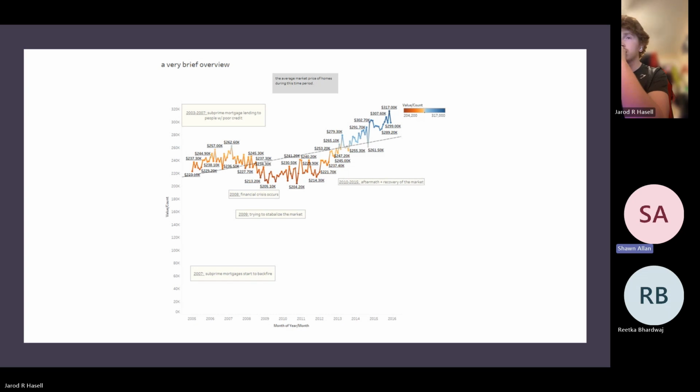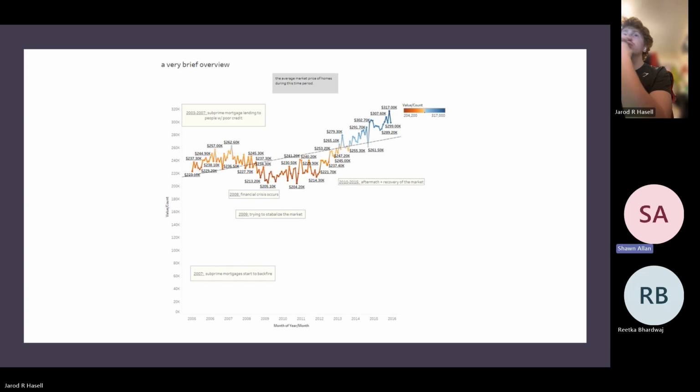Then during 2007, the bubble kind of popped, which led to a bunch of companies losing trust in subprime mortgage investments, and then the banks were closed. A bunch of companies started liquidating all their assets, which led to the market falling.